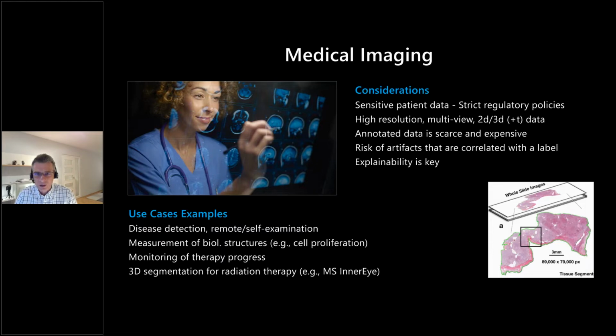If we look at the technical considerations, as you know, many of these images are really high resolution, like the example which you can see in the bottom right, much higher than the capacity of today's neural networks for computer vision. Many images are also, or many use cases are multi-view.